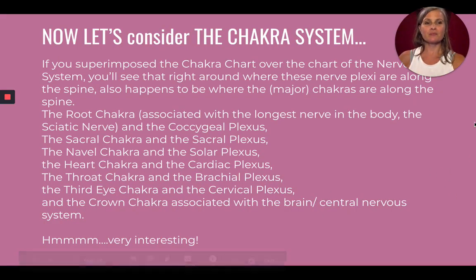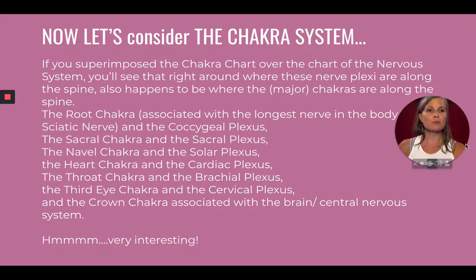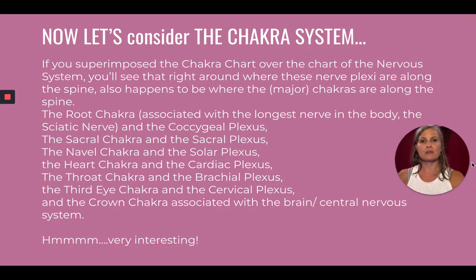Now another thing that you would notice, if you superimposed the chakra chart, with the root chakra down at the base of the spine and the crown chakra up at the top of the head. If you superimpose that chart over the nervous system chart, you'll see that right around where these nerve plexi are along the spine also happens to be where the major chakras are along the spine.